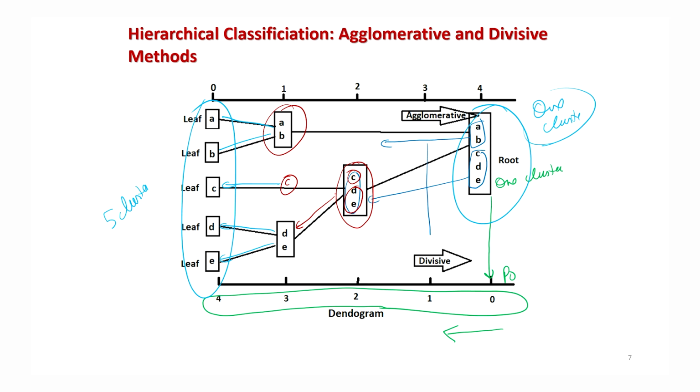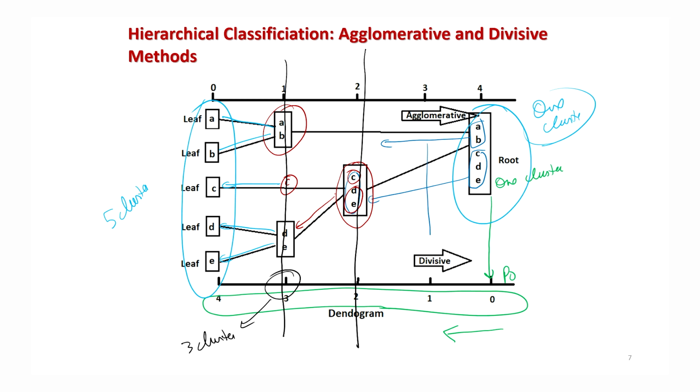Now you have to see, depending on your need and requirement, where you want to make a break line. For example, whether you want to have C, D, E and AB together, or you want AB in one, C in another, and DE in another cluster. At this P3 stage, you will have 3 clusters, and so on.